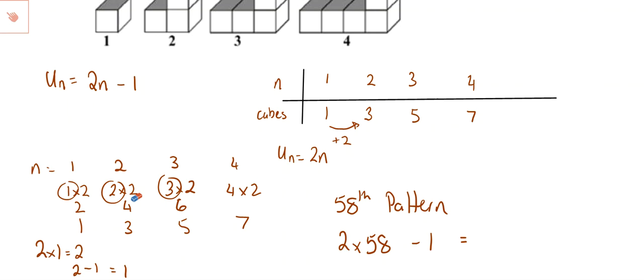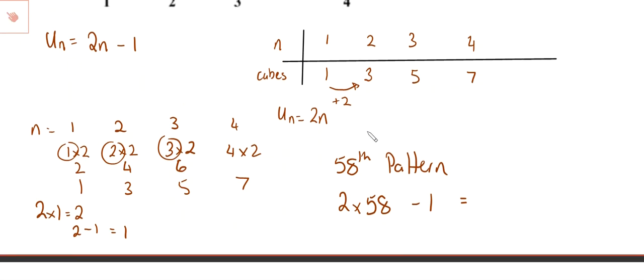Now, I was asking, how do we find the 58th number in the pattern? Well, the 58th number in the pattern is when? Yeah, so we want to find U58. So that's when n equals... What does n equal for the 58?